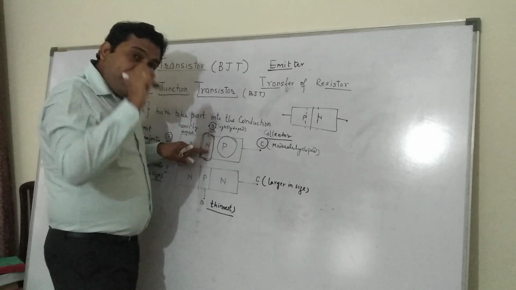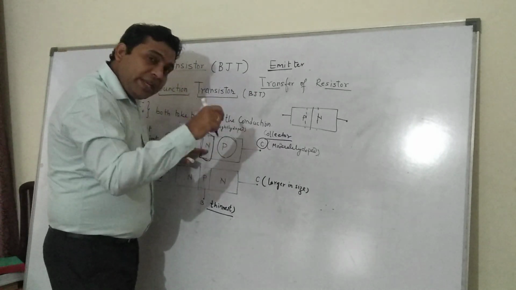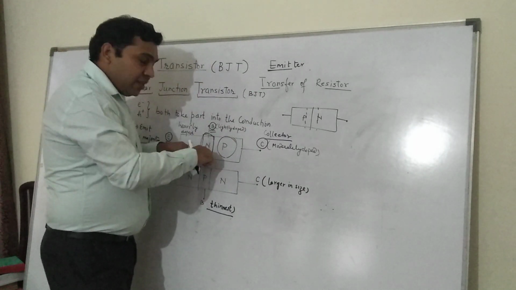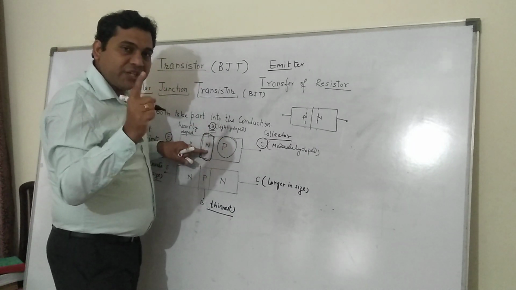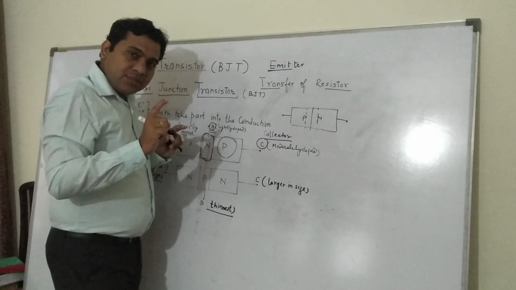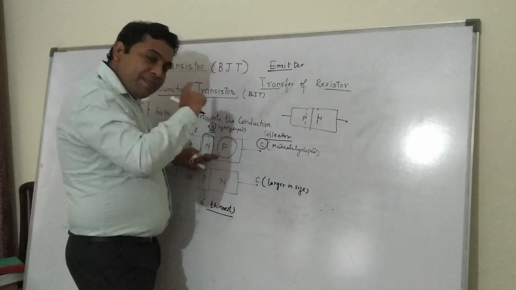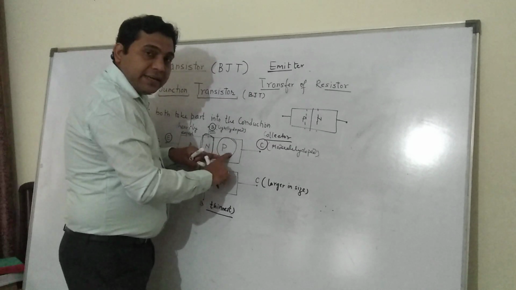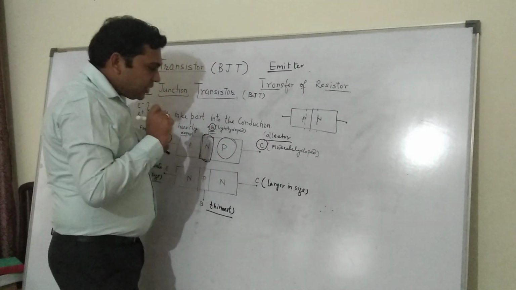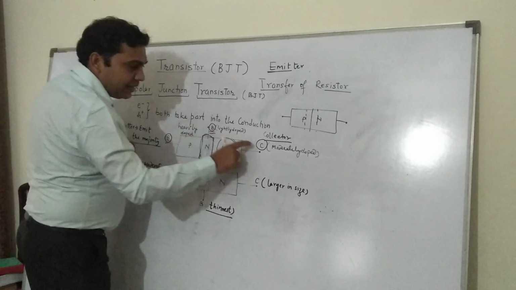The base is the base of the transistor, meaning if we do any manipulation in this block, then maybe you will not be able to get the action of the transistor. That's why we call it a base. Whatever majority charge carriers are emitted by the emitter will be collected at the collector terminal. So this is the meaning of emitter, base, and collector.